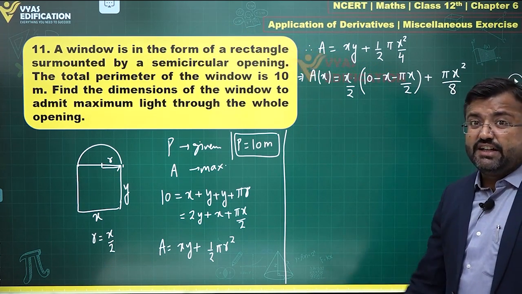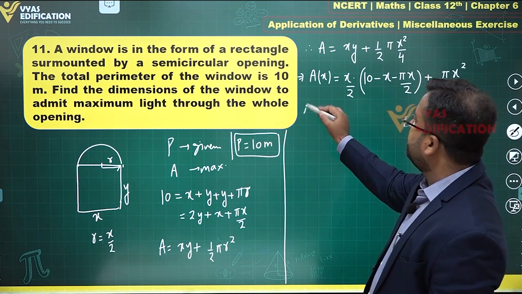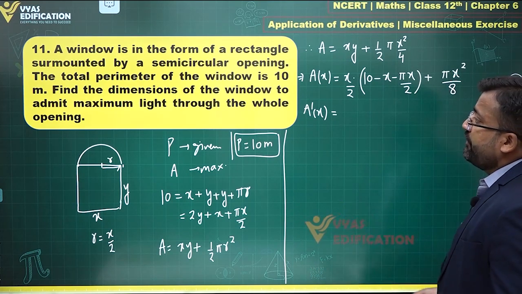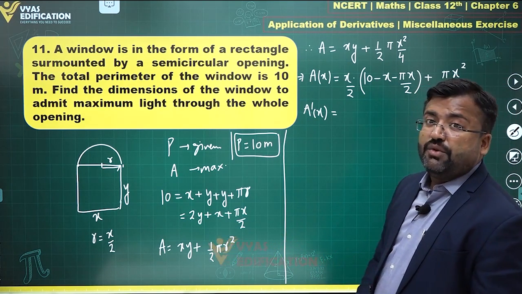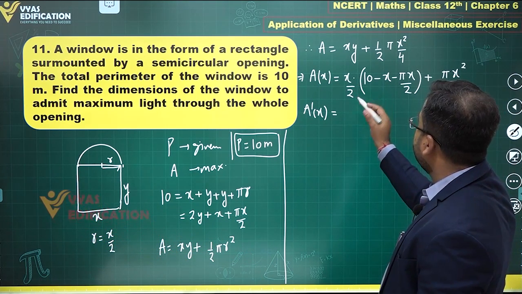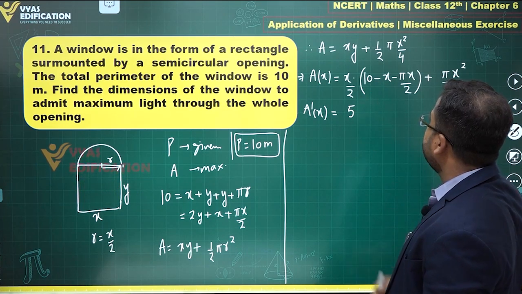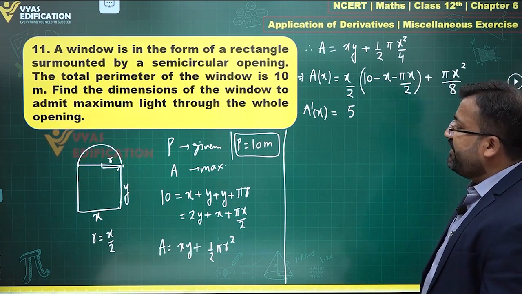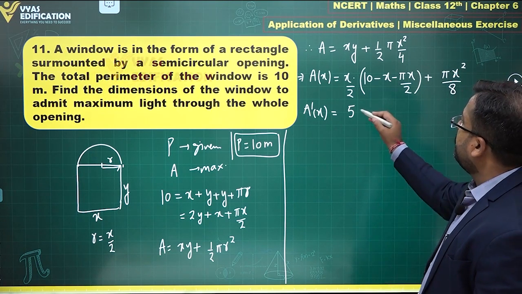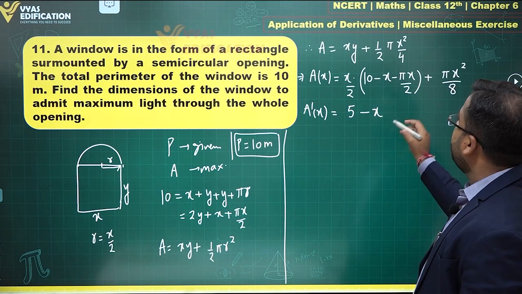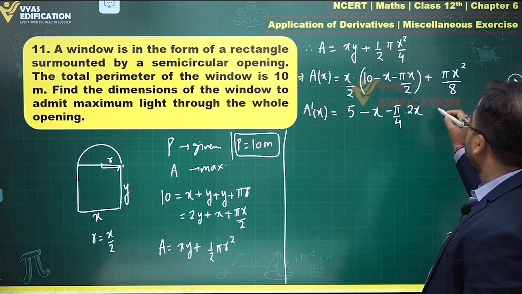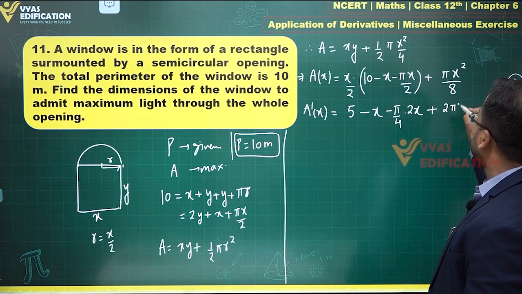Now we have complete area in terms of x, and we can differentiate this with respect to x to get the minimum and maximum values, whatever is required, right? Maximum light will imply maximum area is required. So this becomes 10x by 2, which is 5x, the derivative is 5, minus x square by 2, the derivative will be minus 2x by 2, which is minus x, and minus pi by 4 times x square, derivative is 2x again, plus 2 pi x by 8.